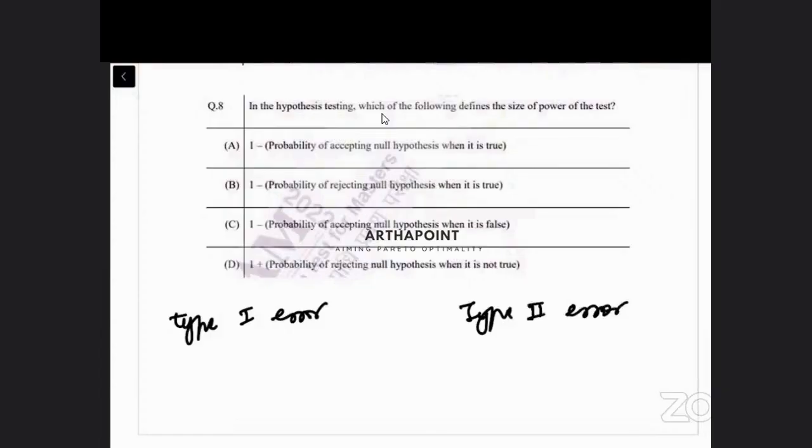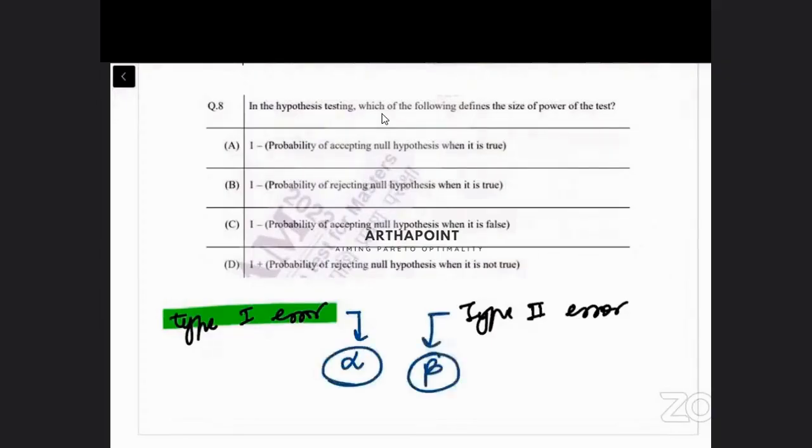When I talk about type 1 error, it is basically alpha. And type 2 error is basically beta. We have learned about both of these things.